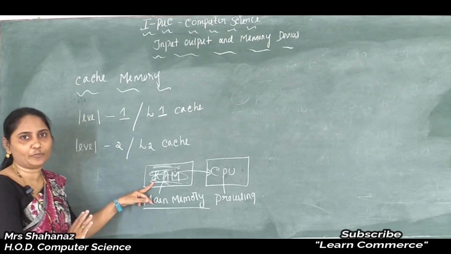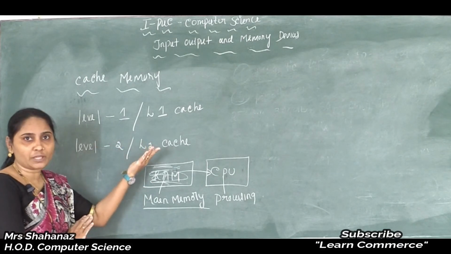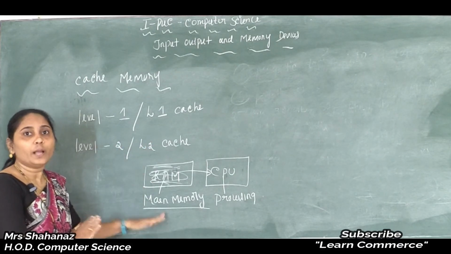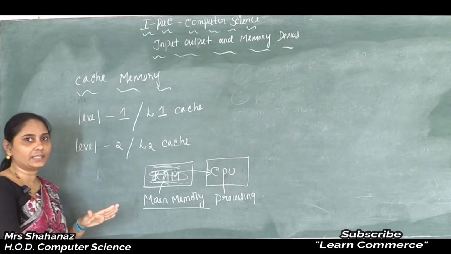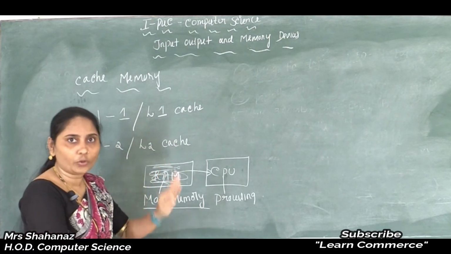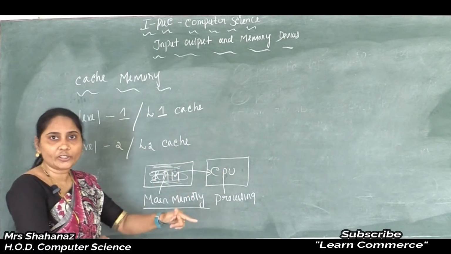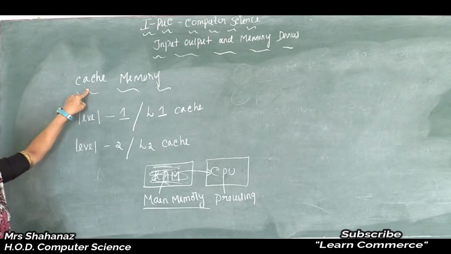Maybe a little bit of confusion. Sometimes ma'am is telling it is slow, sometimes fast. But actually we can say that the main memory is fast memory only when you compare with other memory. When you compare with the cache memory, the main memory, that is called the RAM, is a little bit slow.